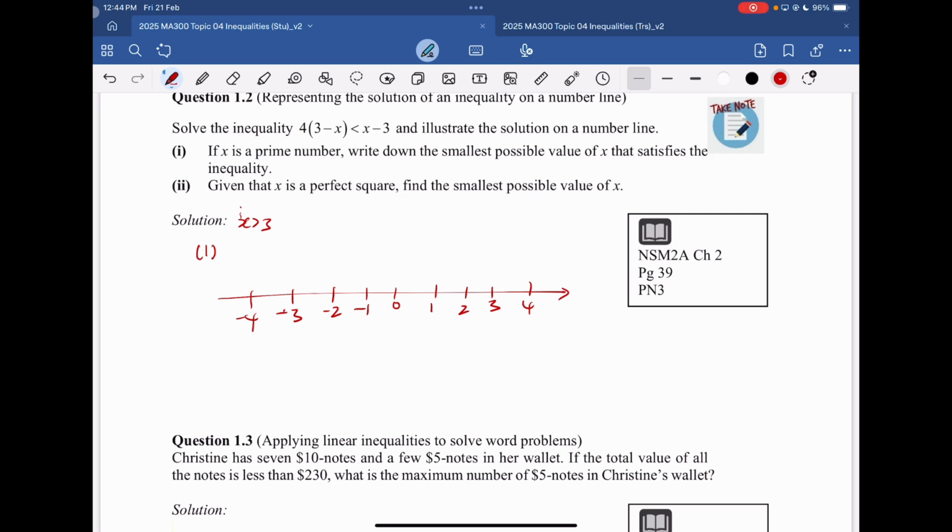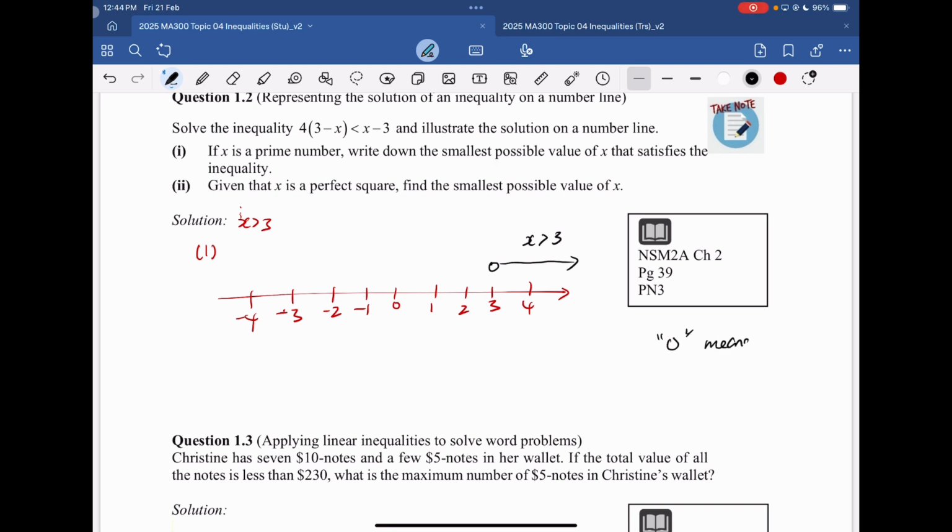Now x more than 3, we will use an open circle. So you see I use an open circle. More than is to the right or to the left? To the right. So I go to the right. This means x more than 3.